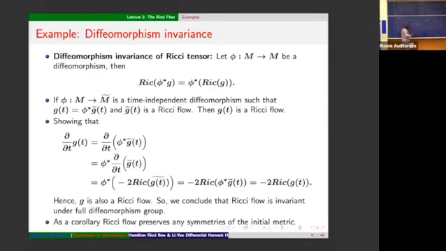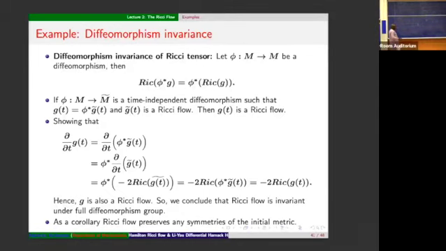Even if you do a push forward of the metric, the Ricci curvature of that quantity is phi star, the pullback using the diffeomorphism, multiplied by the Ricci curvature of the metric. So that is a diffeomorphism.